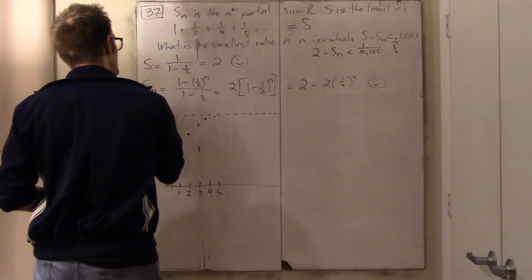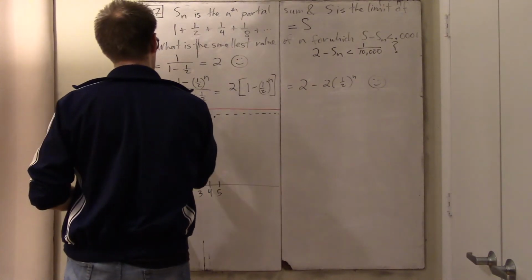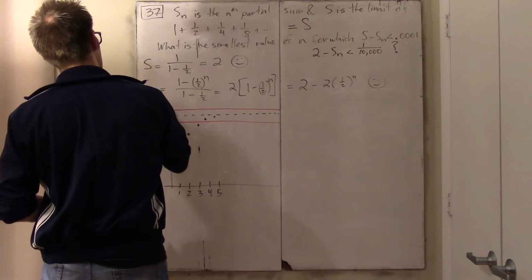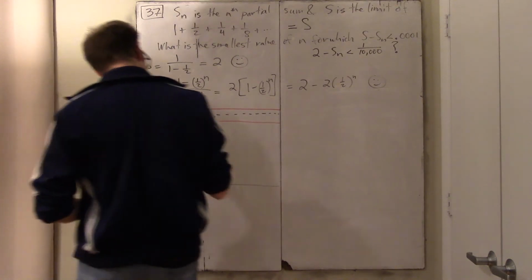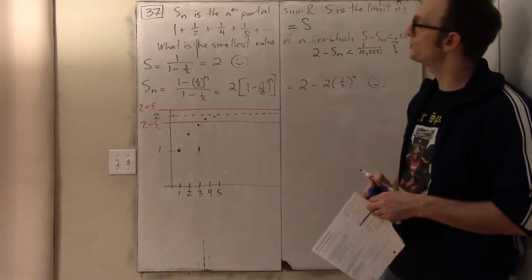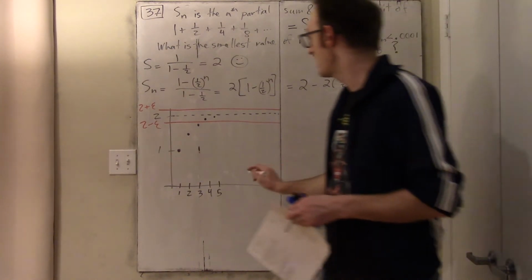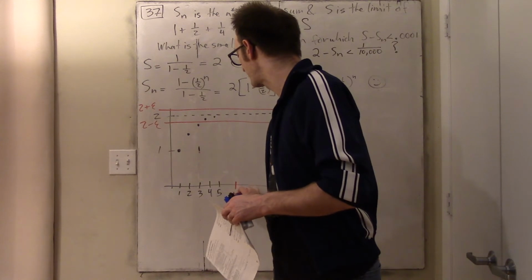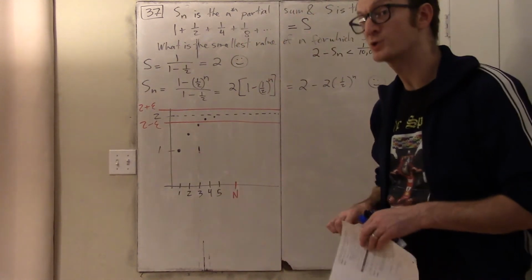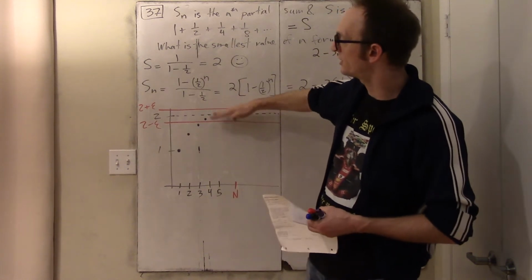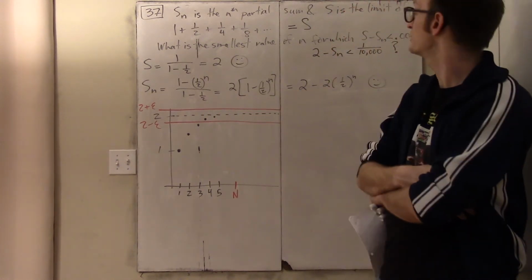Well, how do I do that? Well, we have a whole system for that, right? You challenge me with some kind of epsilon, and if I want to prove to you that the limit of the sequence of partial sums is 2, then I go out far enough in my sequence of partial sums such that beyond that point all of the partial sums are within epsilon of 2.